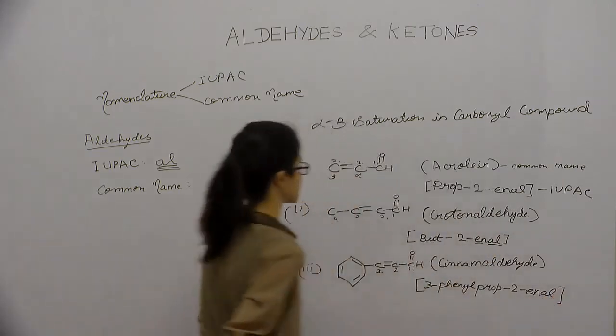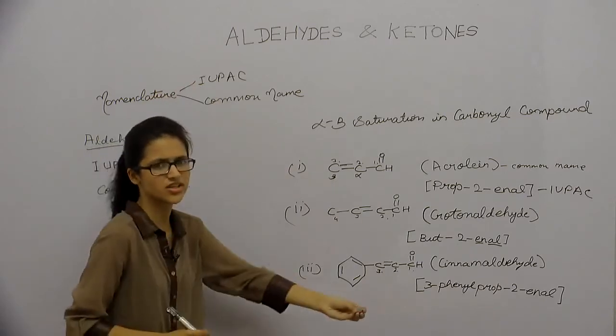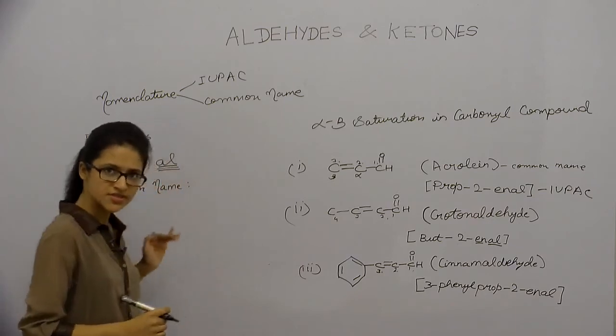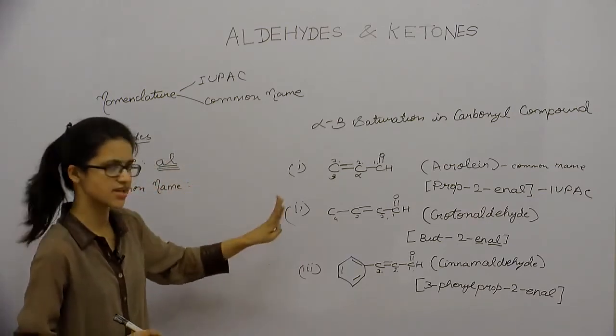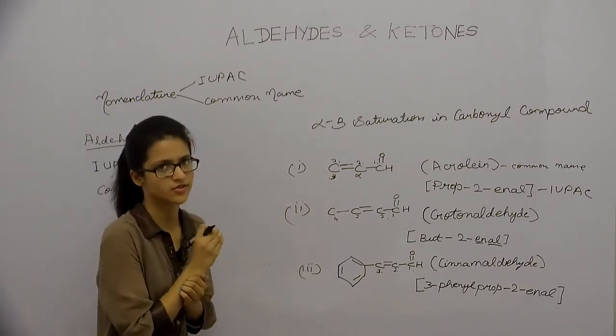Alright. So you can see, we don't need to memorize. We can very easily tell the IUPAC name, we know the common names now by the carboxylic acid method, and we can just learn these 3 cases. So that's about the common name and the IUPAC for aldehydes.